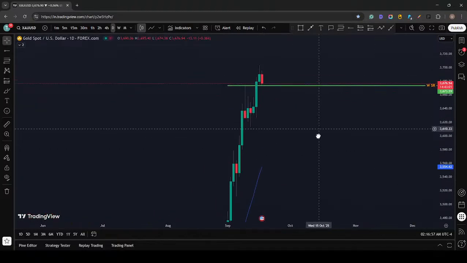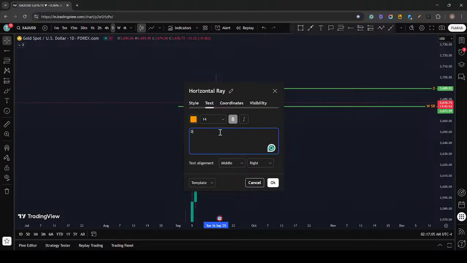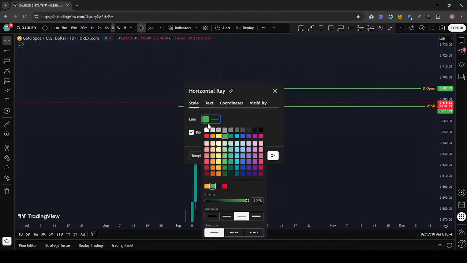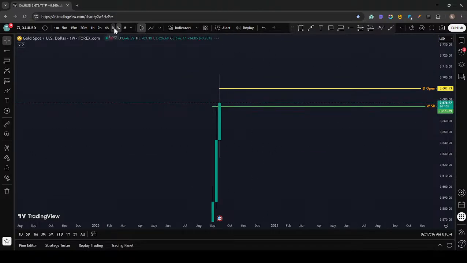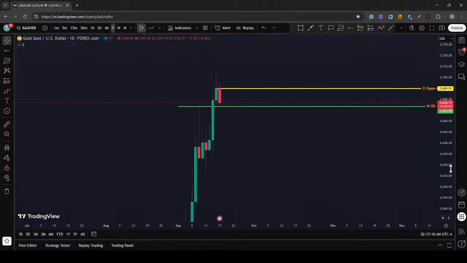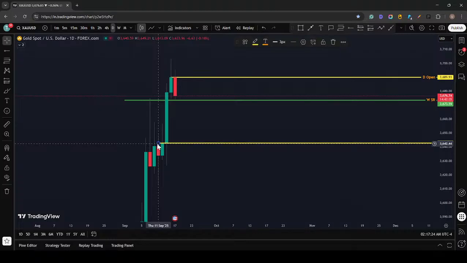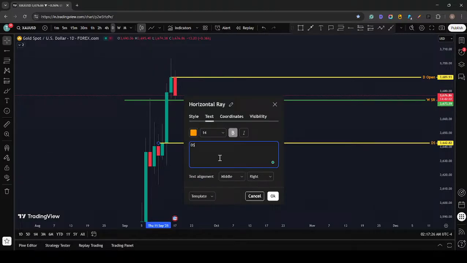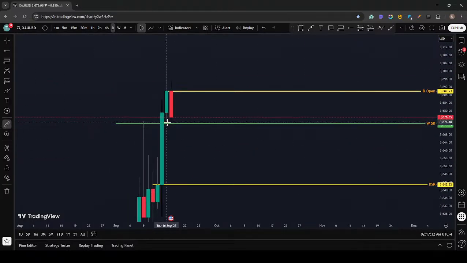Okay. This is the daily open. There is the daily SR. See, it is like 50 pips, right?